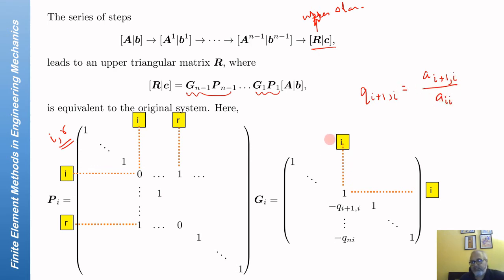So this is the q, and negatives of those are present here. So the elimination process can be thought of as a set of successive multiplications with a permutation and an elimination matrix, or a Frobenius matrix.